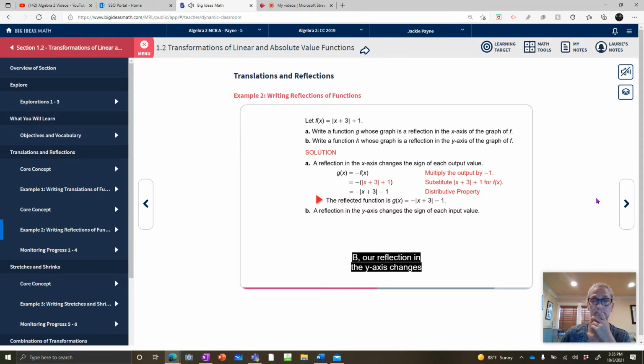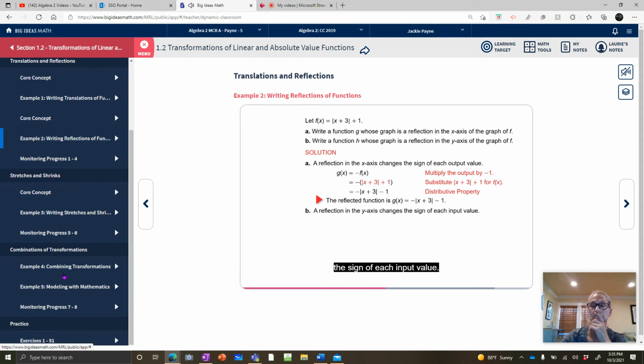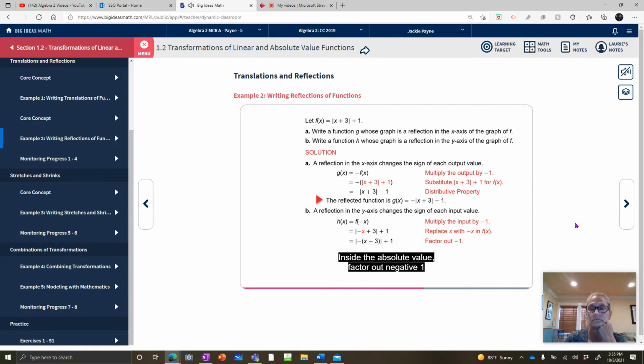B. A reflection in the y-axis changes the sign of each input value. Multiply the input by -1. Write h of x equals f of negative x. Replace x with -x in f of x to get the absolute value of quantity -x plus 3, plus 1. Inside the absolute value, factor out -1 to get the absolute value of negative of the quantity x minus 3, plus 1.